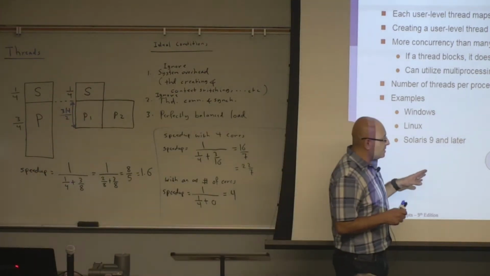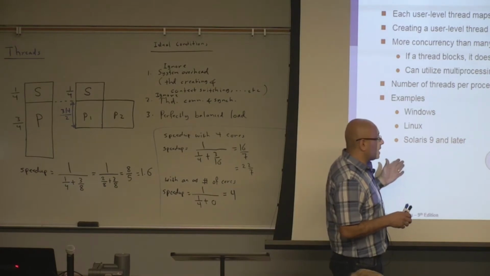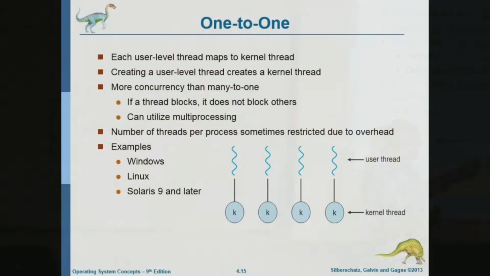But the problem is that it's not setting a limit on the number of kernel-level threads. Usually we want to limit the number of kernel-level threads because there is a system overhead when a process has too many threads within it.